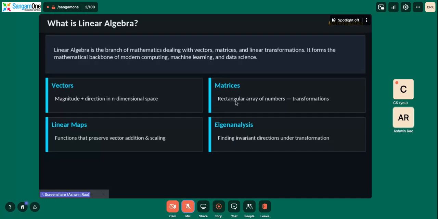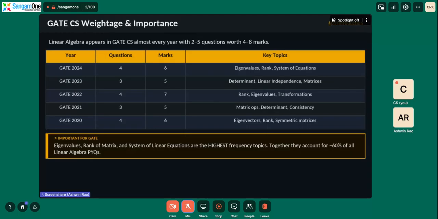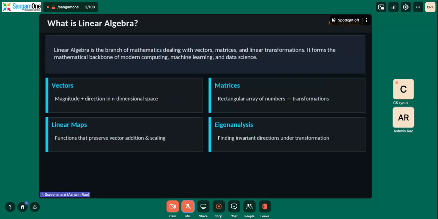As you can see here, these are the definitions of linear algebra: vectors, matrices, linear maps, and eigenanalysis. So what are the applications of these?